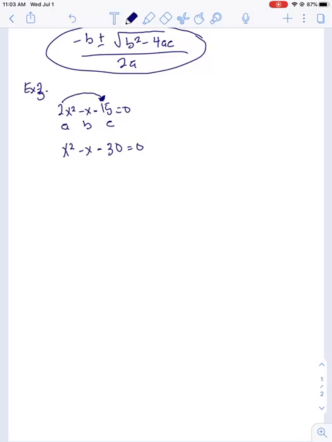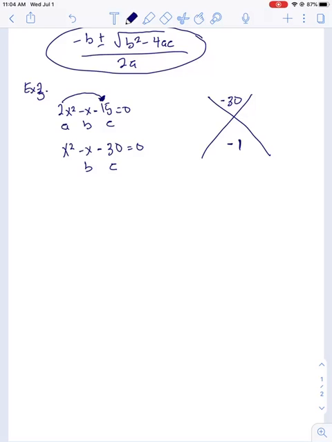At this point, we're going to use the same approach. We're going to draw our x right here, and our c value, which is -30, will go on top, and our b value, which is -1, is going to go on the bottom.